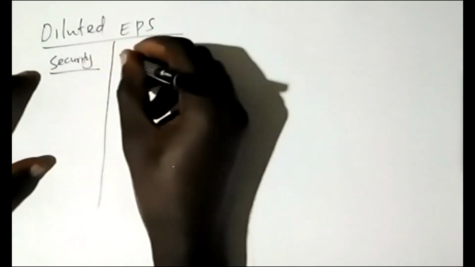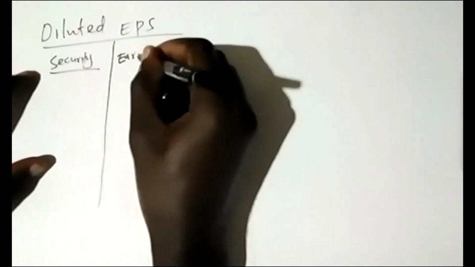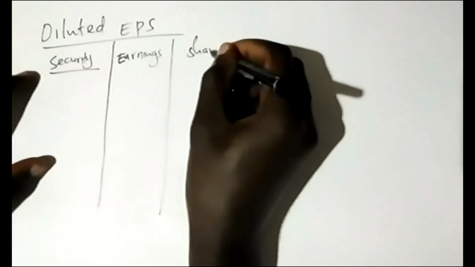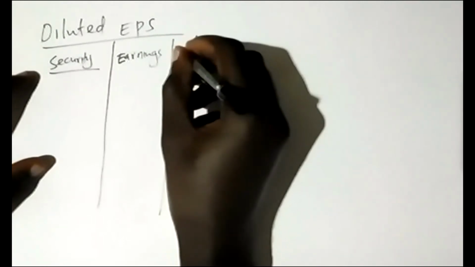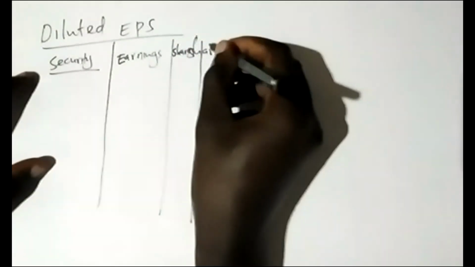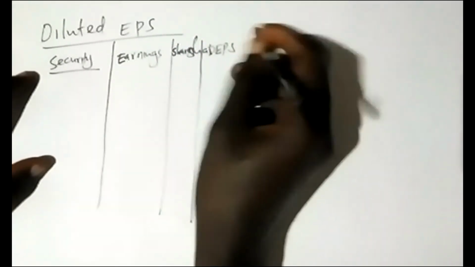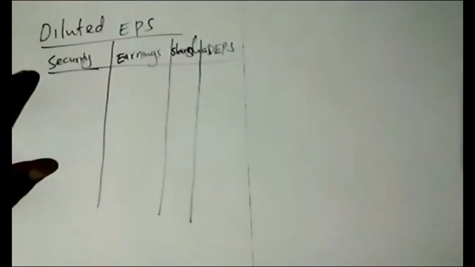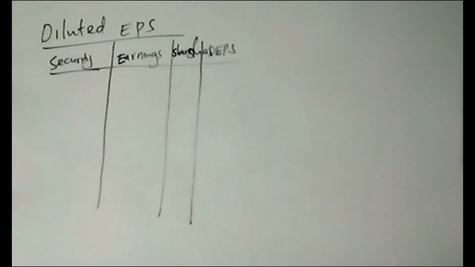So security, we have earnings, and we have the shares. Then after the shares, the last column is now the diluted earnings per share.